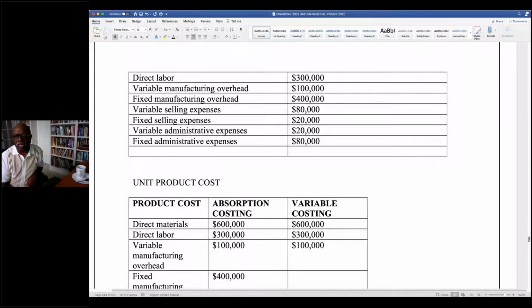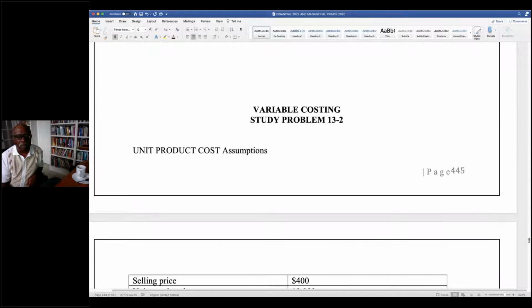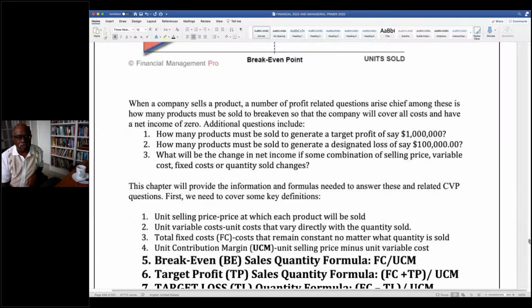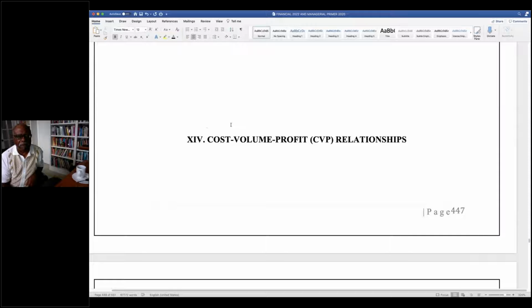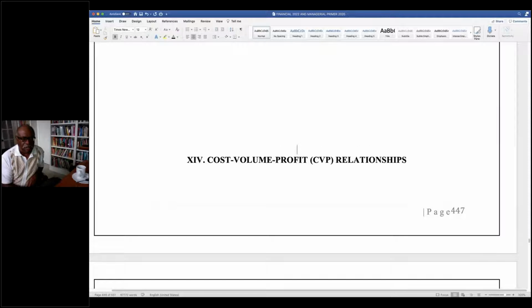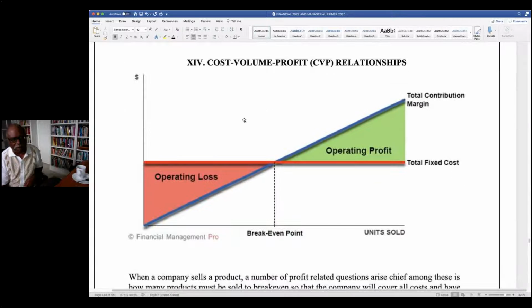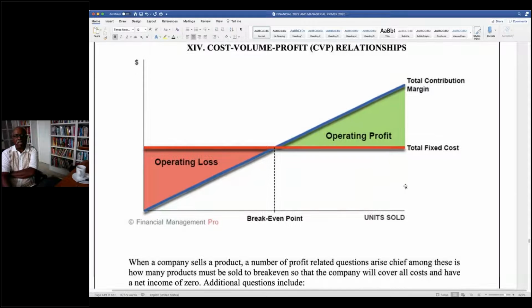And then once we hit those quickly, we move into cost volume profit relationships. In cost volume profit relationships, we're concerned with how many units you need to sell to break even, how many units will cause a loss of $100,000, how many units will cause a profit of $1 million.